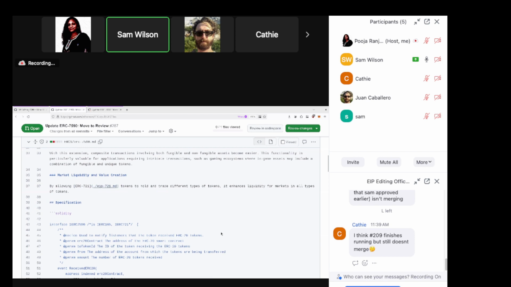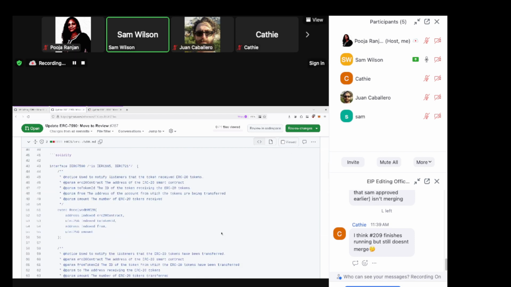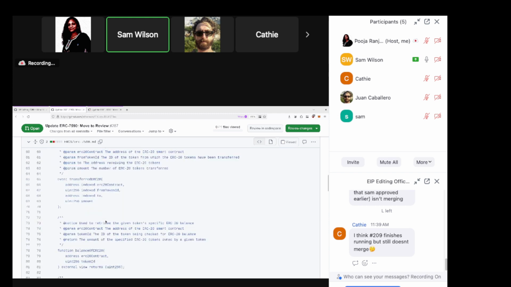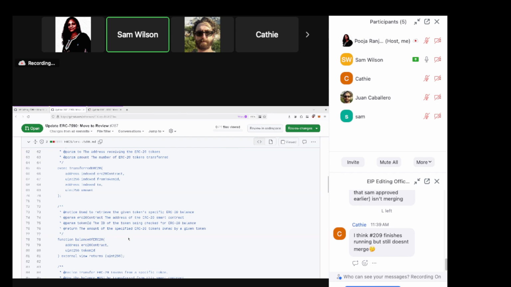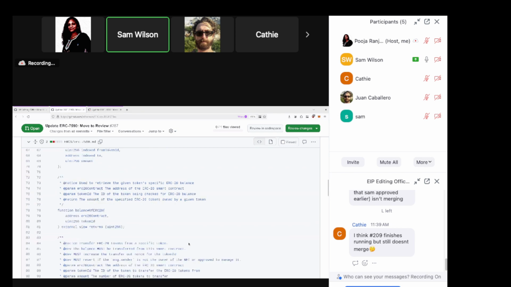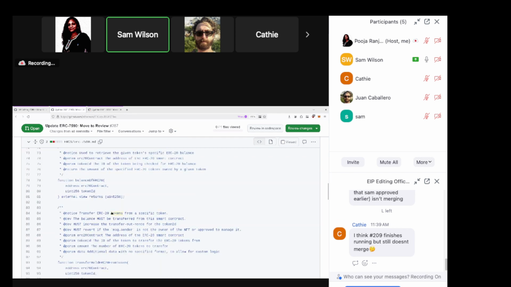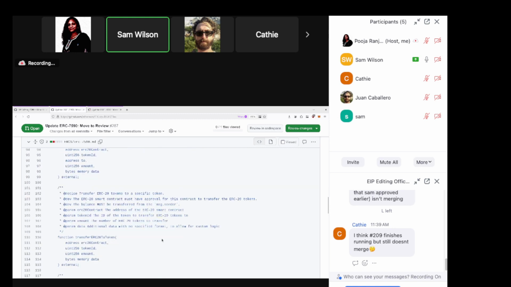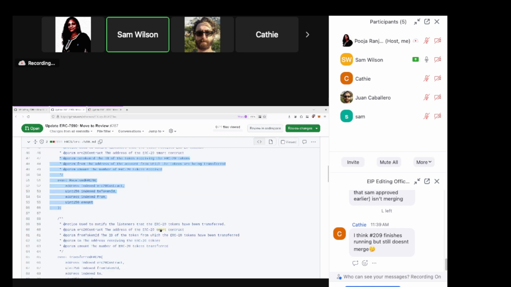Okay, so let's look at the specification a bit here. So, the token received ERC20 tokens. How is that emitted? To the token specific ERC20 balance. Ah, I see. So it only allows for pull.